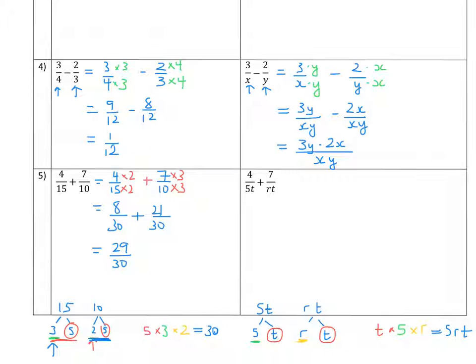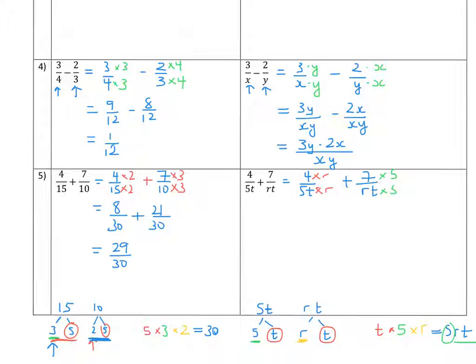If I look at the first fraction, it is 4 over 5t. The part that's missing is the r. I'm going to times this by r on the top and the bottom. That's what's missing on that one, plus 7 over rt. If I look at my common denominator down here, the part that's missing is the 5, so I'm going to times this by 5, top and bottom.